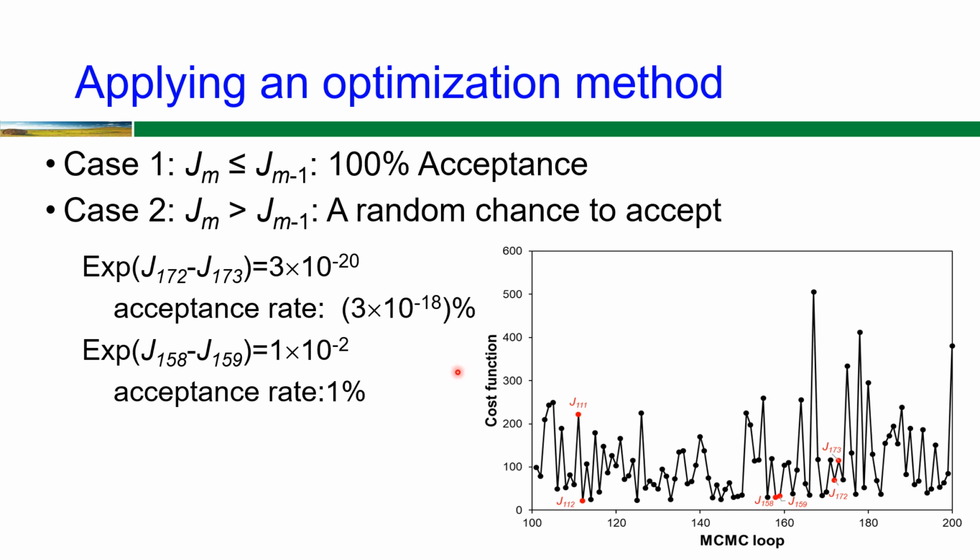Let's take a look at another example. J159 is slightly bigger than J158. So we calculate the exponential of J158 minus J159, which is 0.01, suggesting there is a chance of 1% to accept the proposed parameters.